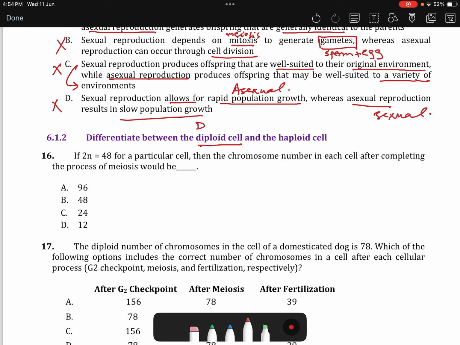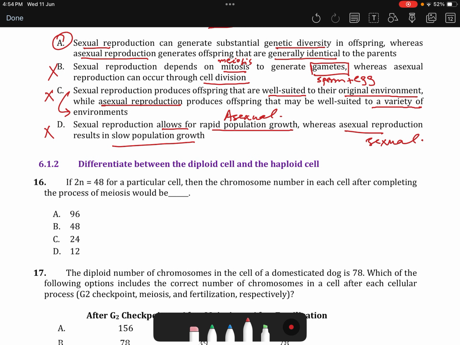Differentiate between the diploid and haploid. Diploid means D for double, or you can say full set of chromosomes. Haploid, H for half of the parent. Diploid is represented by 2n, haploid is represented by n. So if 2n is 48 for a particular cell, then what is the chromosome number in each cell after completing meiosis?